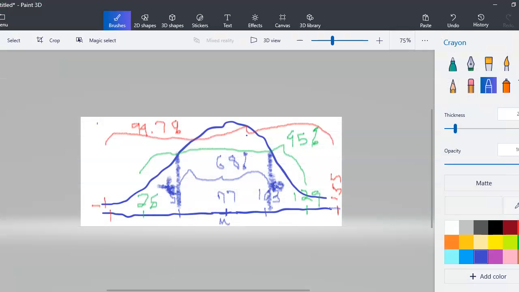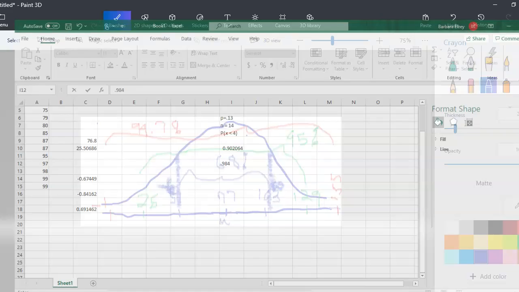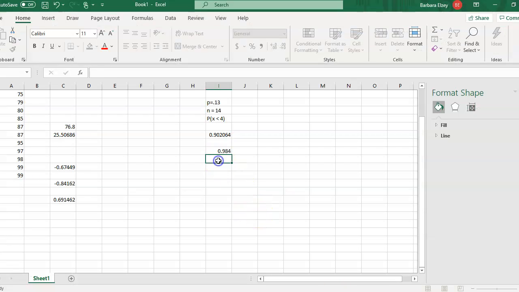But what we've got to think about is that if this is equal to 0.984, then what's left over on this side and this side have to add up along with 0.984 to 1. So let's first see what area is left over when we subtract 0.984 from 1. And that's going to be 0.016.